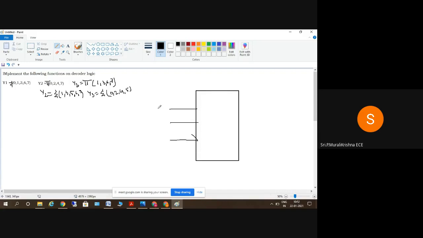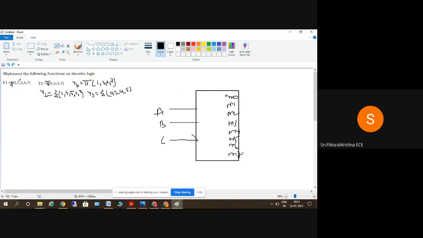I can take the inputs as A, B, C. The minterms are M0, M1, M2, M3, M4, M5, M6, M7. Since we have sigma, all three OR gates should be used here. The three OR gates will add all these terms.